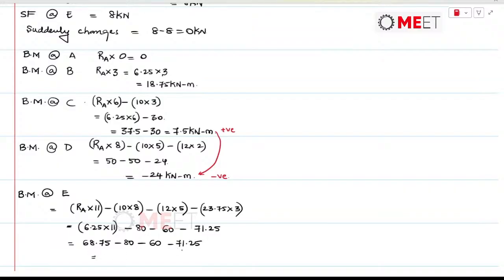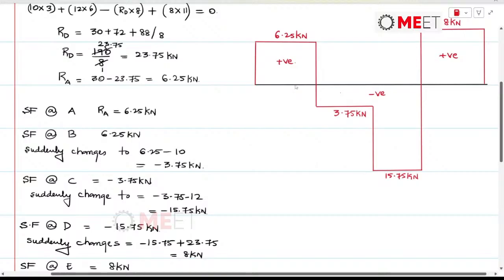If we try to solve this, let me just check. So this comes out to be 0 kilonewton meter. So the bending moment at the free end is 0. So you can justify your calculation.